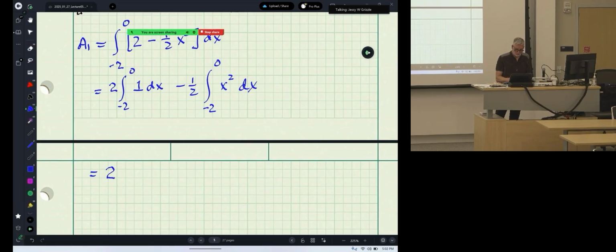So that becomes 2x evaluated minus 2 to 0, minus a half integral minus 2 to 0 x cubed over 3. What am I doing? I did the integral. Turn your brain on. Minus a half, there's from our integral table, evaluated from minus 2 to 0.